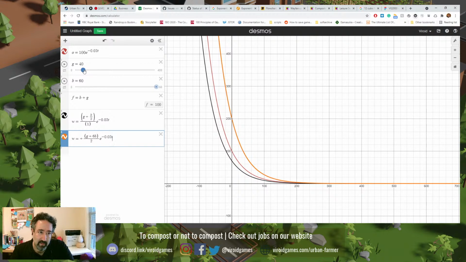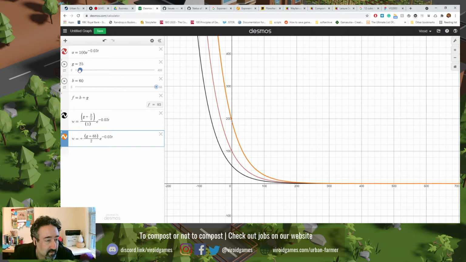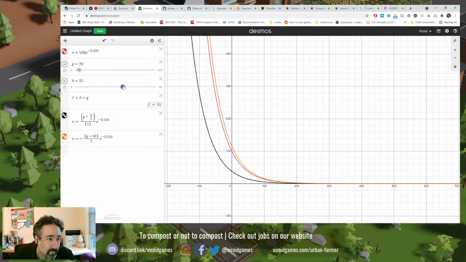Which means let's actually decrease the pile. Take this down to 20, this one to 30. The pile is half the size. Let's interpret this.